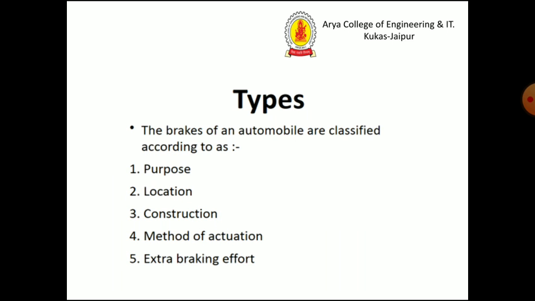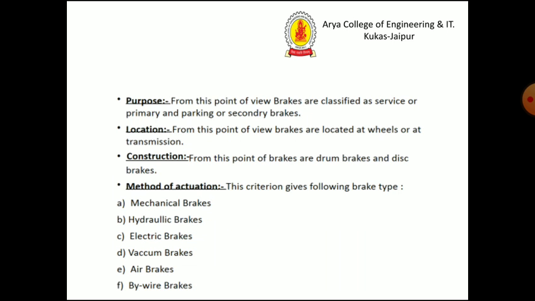The types of brakes. The brakes of automobiles are classified according to purpose, location, construction, method of actuation, and extra braking efforts. According to purpose, brakes are classified as service or primary, and parking or secondary brakes.